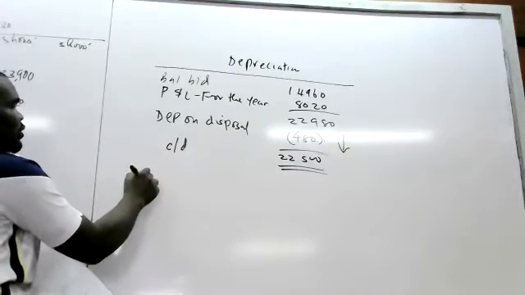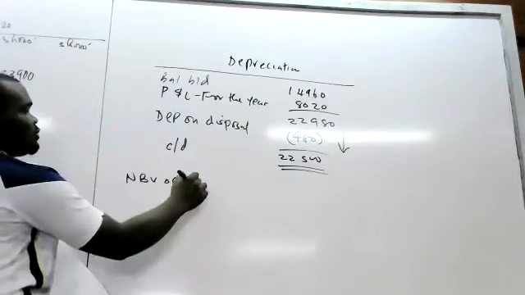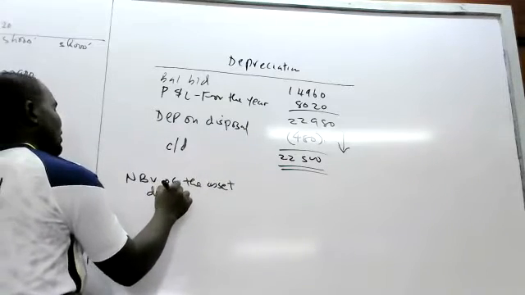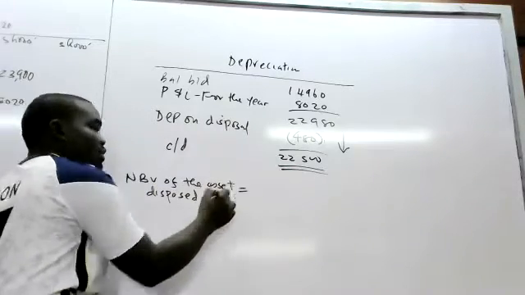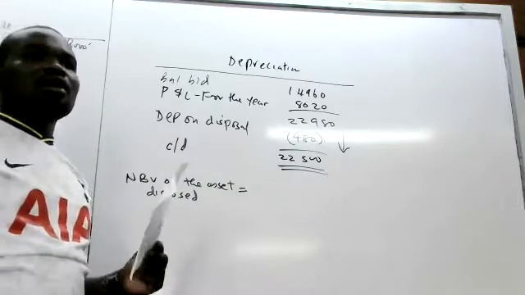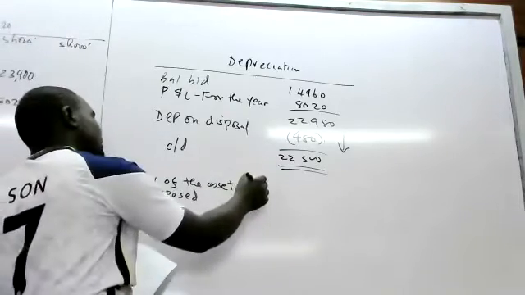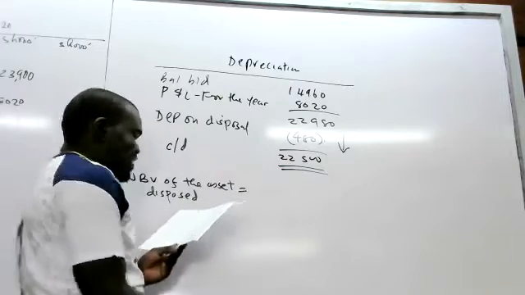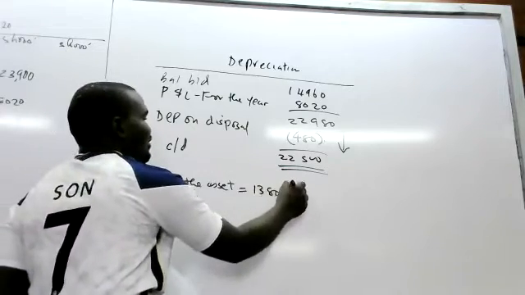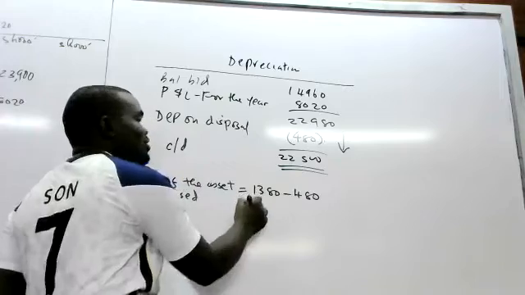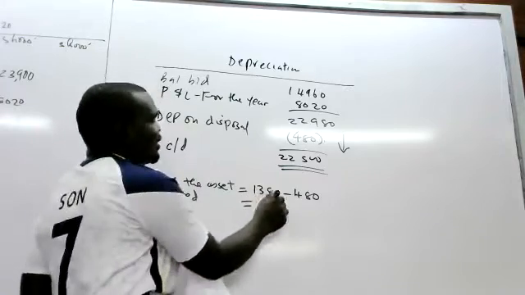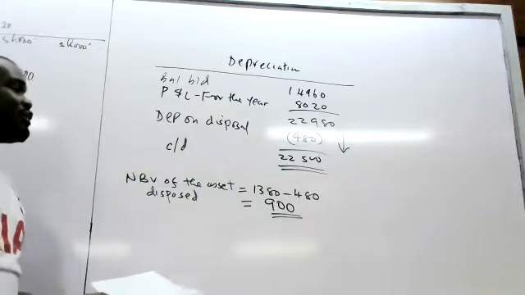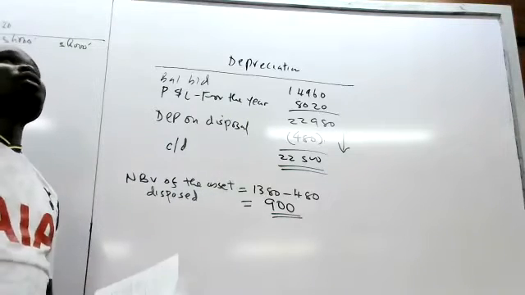Net book value of the asset disposed: what minus what? 1380 minus 480. That is how much? 900. So the book value of the asset disposed is 900.